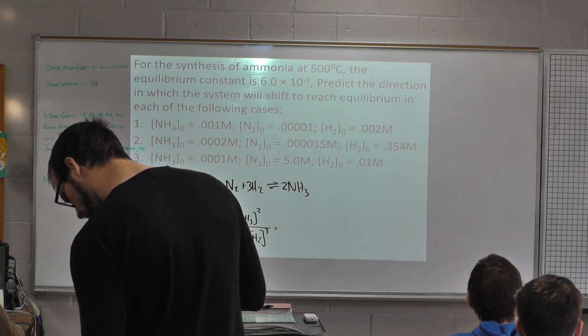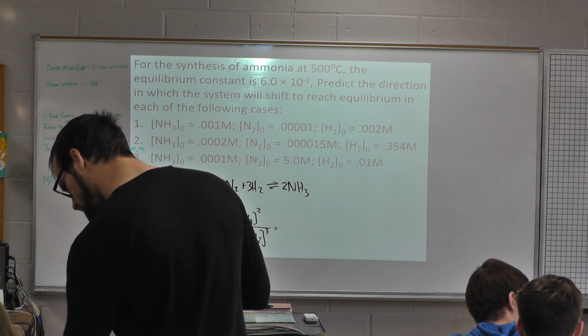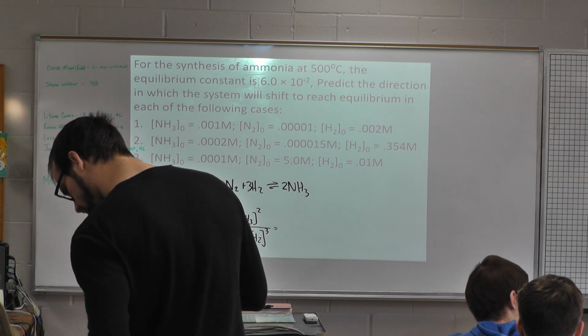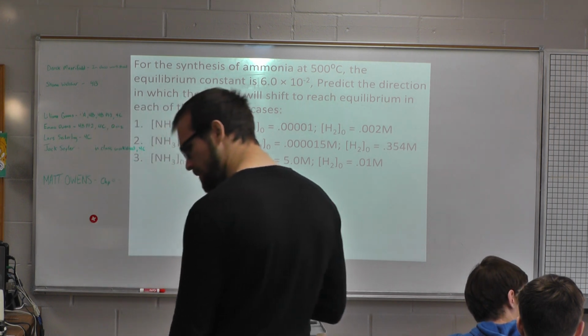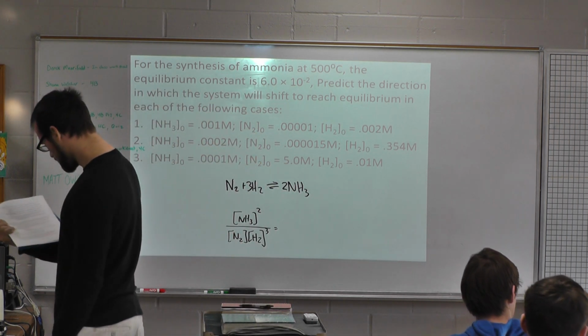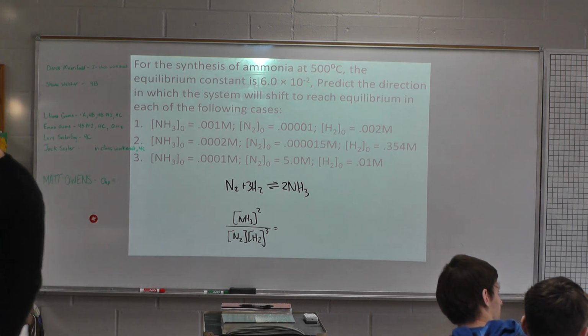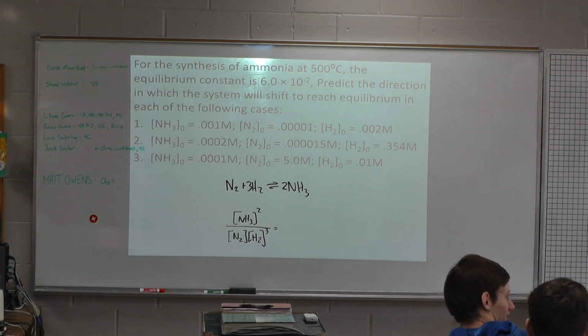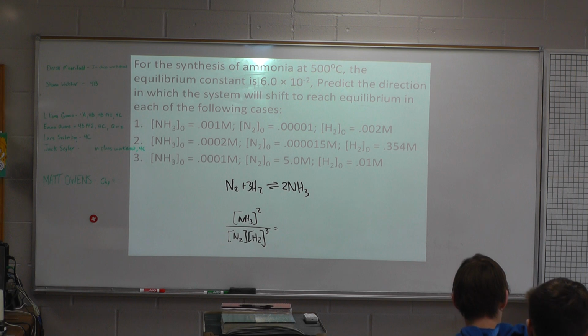Yeah, that's right. Chemistry's fun. 6 times 10 to the negative 2. Did you do the wrong equation, or just the wrong concept? Or did you round wrong? What'd you get? .002, so you would say shift right.